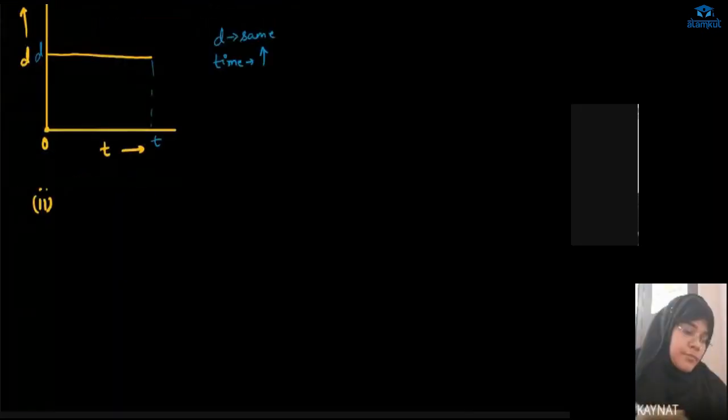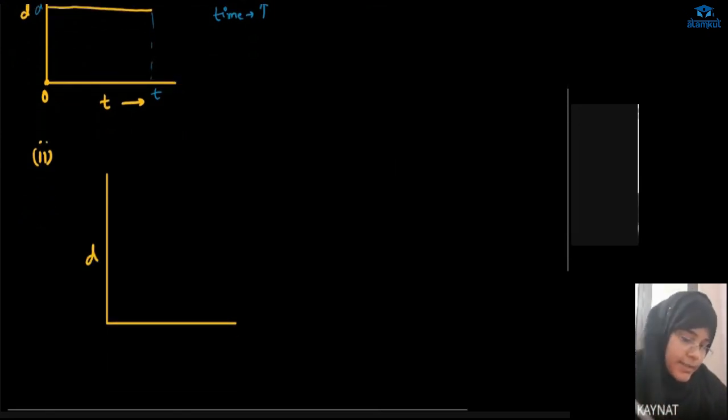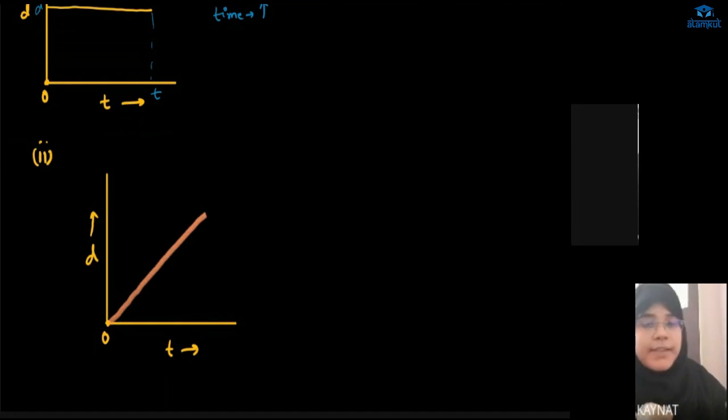Now the second. Let us take again distance and time, with the origin as O. Now what would the second motion be like? Let us take the graph like this. This graph is representing uniform motion, because as the time is increasing, as I have already told you, uniform motion means the distance increases along with the time, equal distances in equal intervals of time.